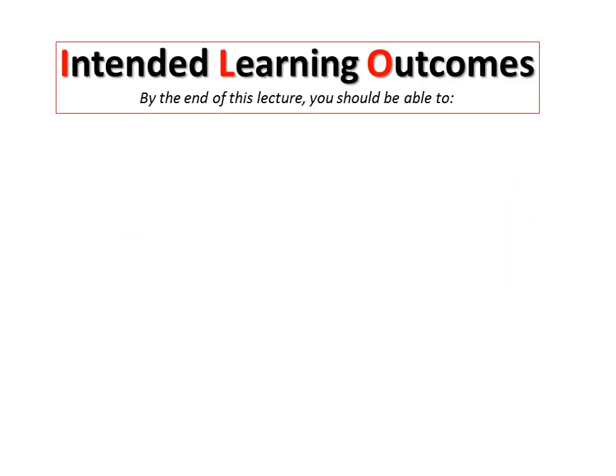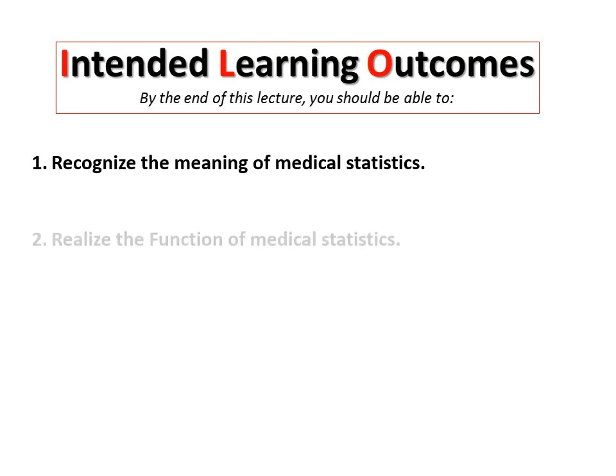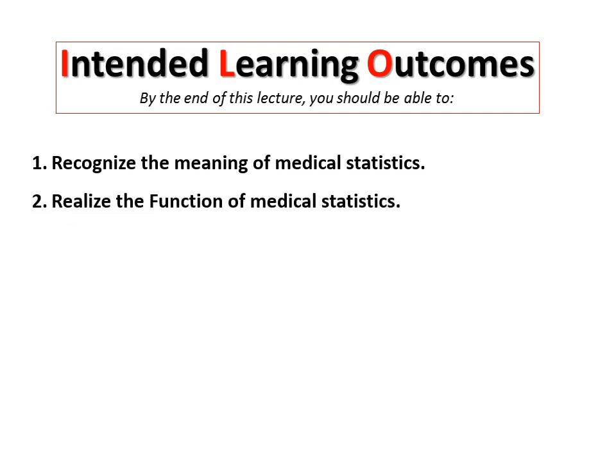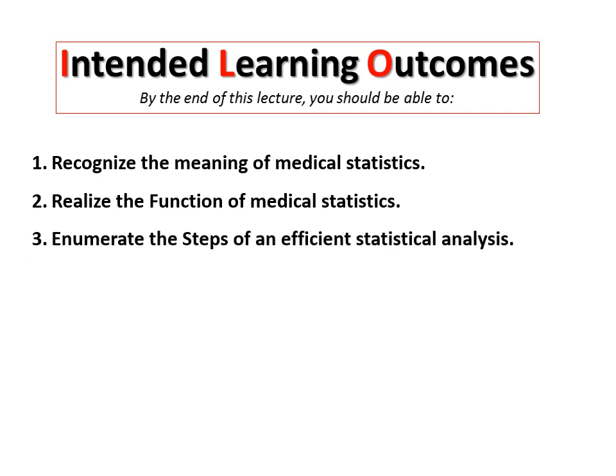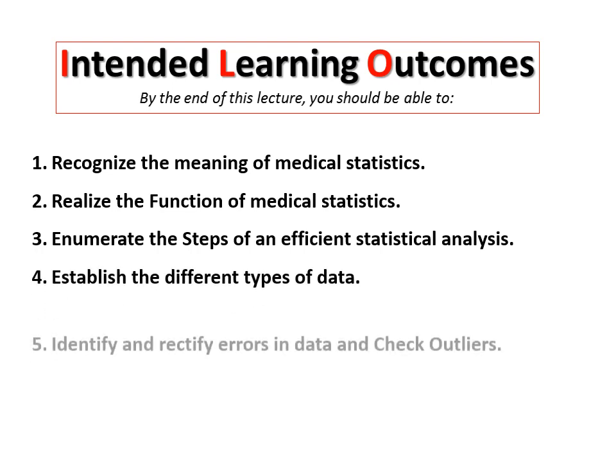The ILOs. By the end of this lecture, we should be able to: number 1, recognize the meaning of medical statistics. Number 2, realize the function of medical statistics. Number 3, enumerate the steps of efficient statistical analysis. Number 4, establish the different types of data.